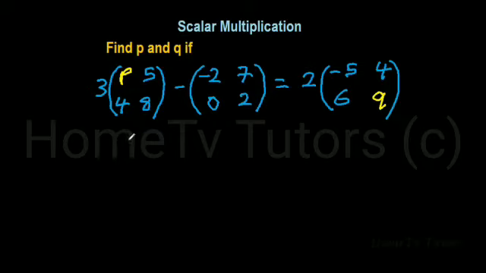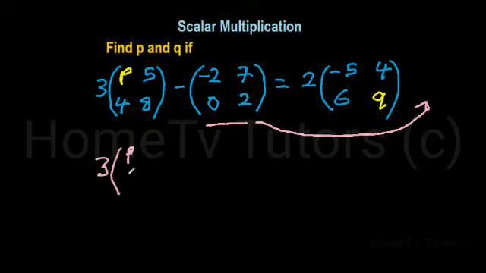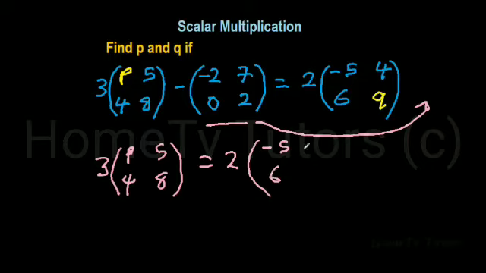So what we need to do first is to move the matrix [-2 0; 7 2] to the right hand side. So the negative sign will become the positive sign. So let us write everything out again. 3 times the matrix [p 4; 5 8] equals 2 times the matrix [-5 6; 4 q] plus the matrix that we're bringing to the right hand side, [-2 0; 7 2].